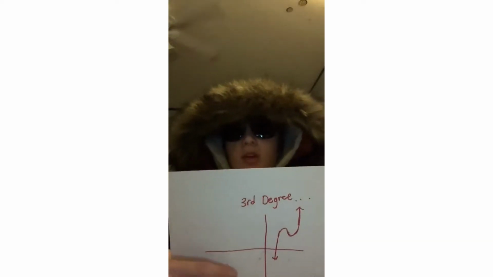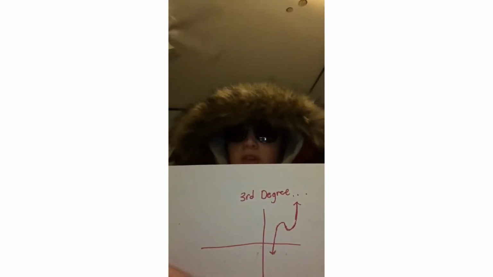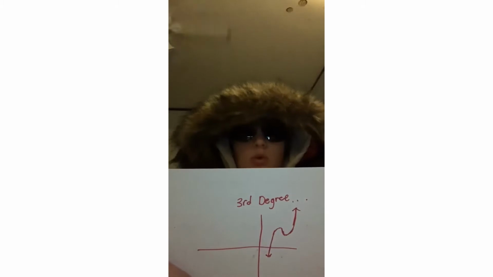And you may be wondering if a third degree polynomial could have 3 non-real roots, and they actually cannot, because non-real roots always have to come in pairs. So it would be possible for a second degree polynomial to have 2 non-real roots because they come in pairs, but it would be impossible for a third degree polynomial to have 3.